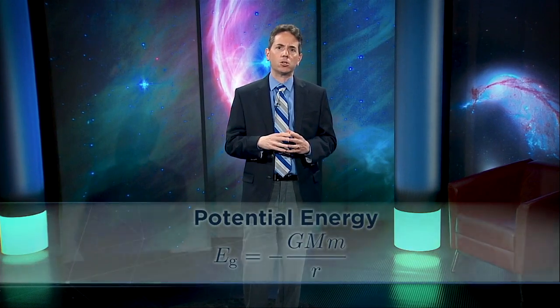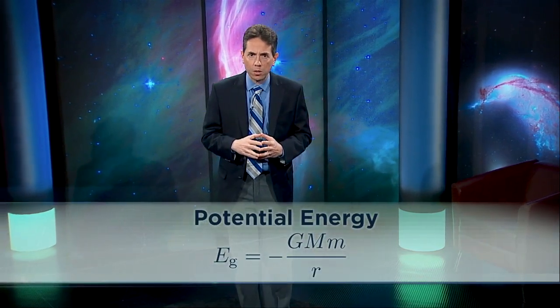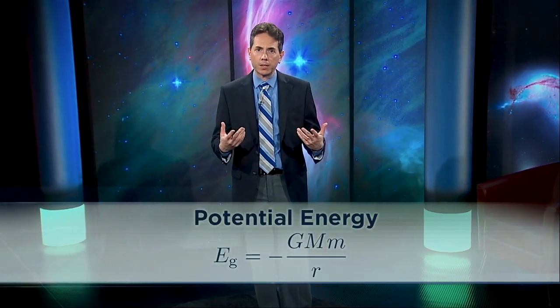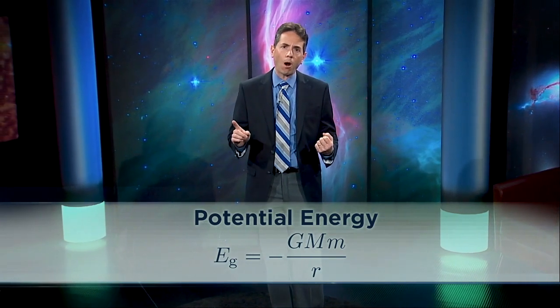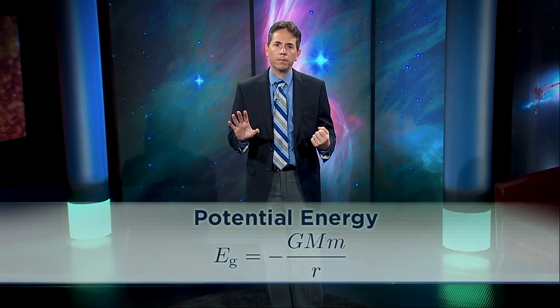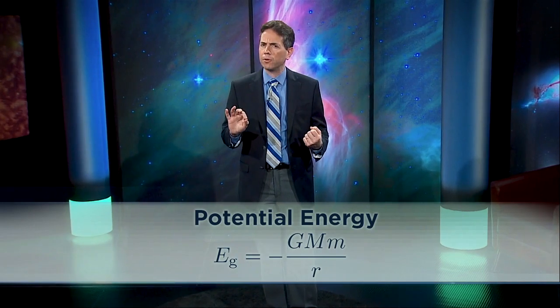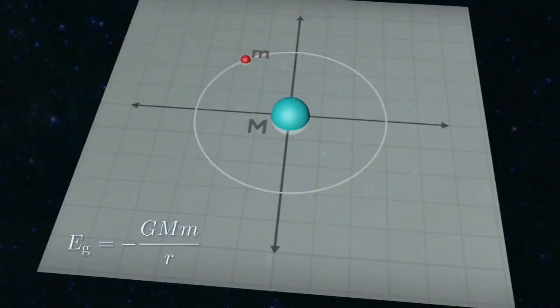We'll also need the formula for the potential energy associated with the gravitational force, which varies as the product of the masses but goes inversely with r as opposed to r squared. And again, it's negative. Does that make sense? Let's see.